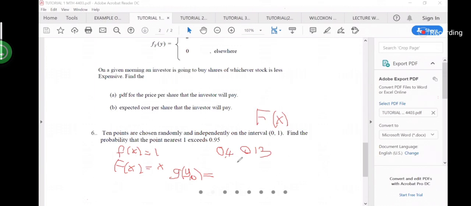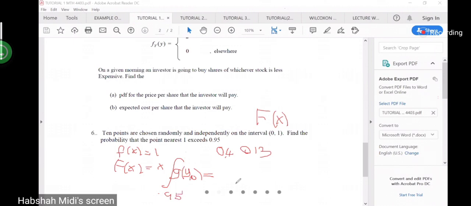Once you get this, you try to find the probability that it exceeds 0.95, so you integrate this from 0.95 to 1, because x is between 0 and 1.